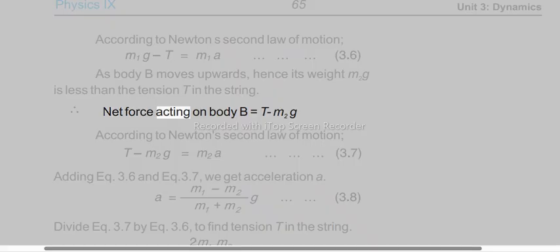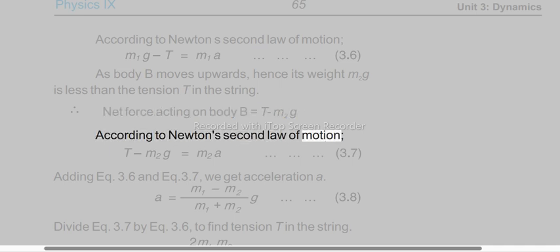The net force acting on body B equals T minus m2g, according to Newton's second law of motion.